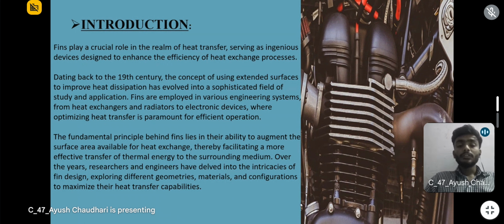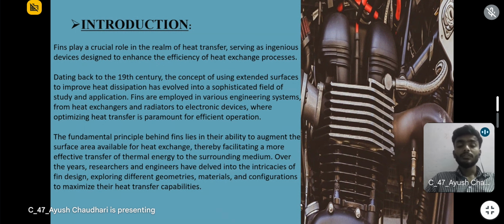Fins are employed in various engineering systems, from heat exchangers and radiators to electronic devices, where optimizing heat transfer is important for efficient operation. The basic fundamental principle behind fins lies in their ability to augment the surface area available for heat exchange, thereby facilitating a more effective transfer of thermal energy to the surrounding medium.